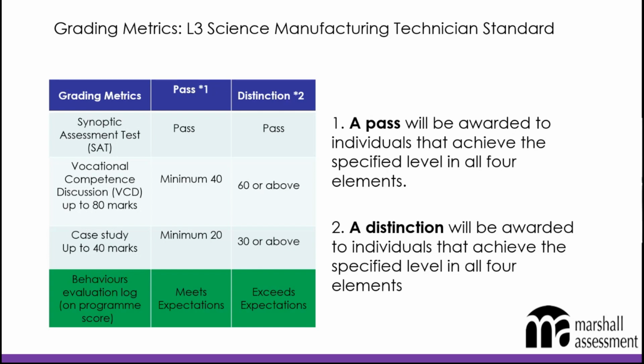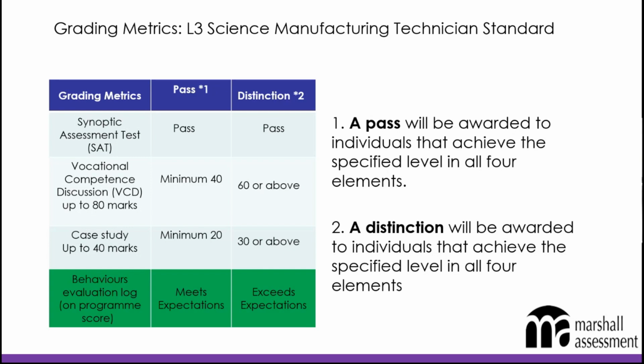And then unfortunately, if you do fail any of the elements, then you can resit them, and you only need to resit one of those elements, either the synoptic assessment test, the VCD, or the case study. You can resit any of those, but your overall mark will be capped at a pass when you finally complete that assessment successfully.